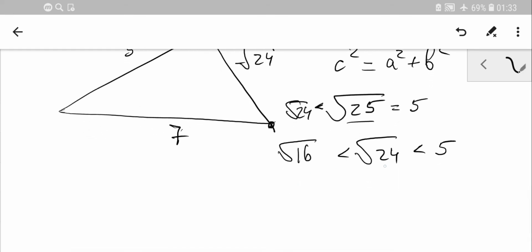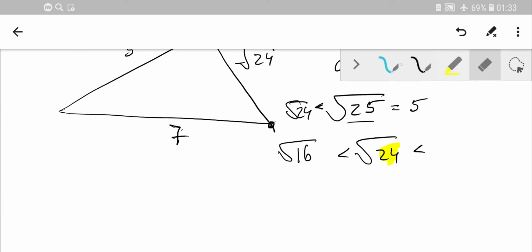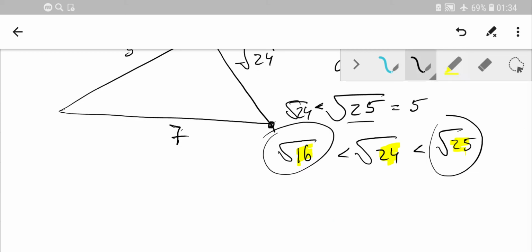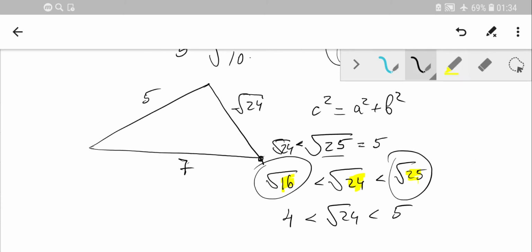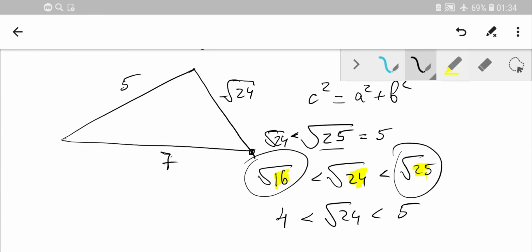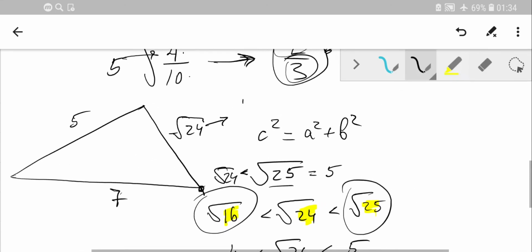So you just simply place your 24 in between two square numbers. One more time, write this. Okay, so 24 is very close to 25 and is obviously more than 16. Then you take the square root, because you know how to work it out, since they are square numbers, and you'll get your estimation: the square root of 24 is between 4 and 5. Now you're pretty sure that the square root of 24 is not more than 5 and even 7. So this is the smallest value, okay? The smallest.